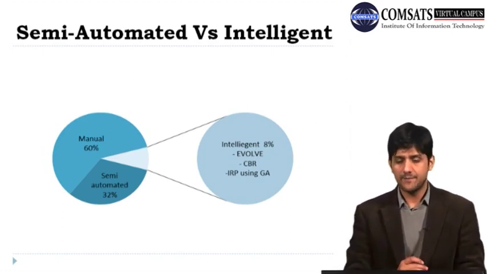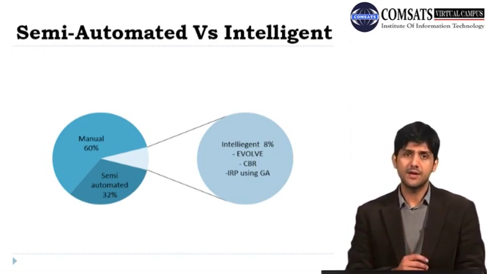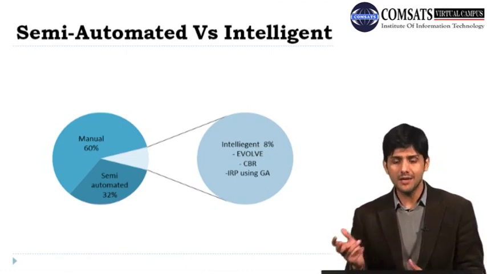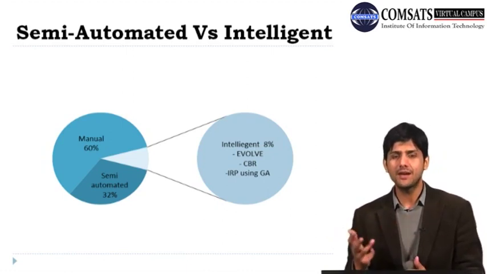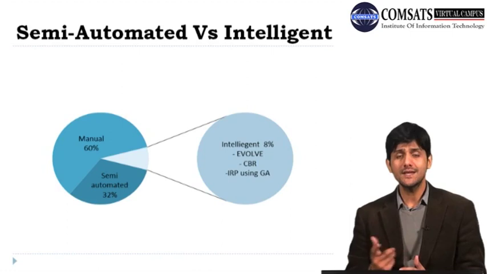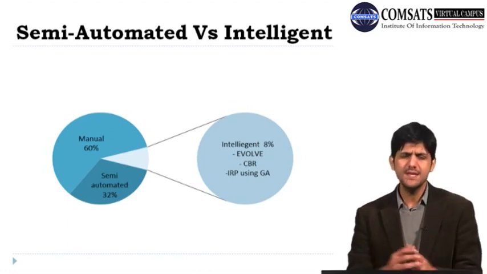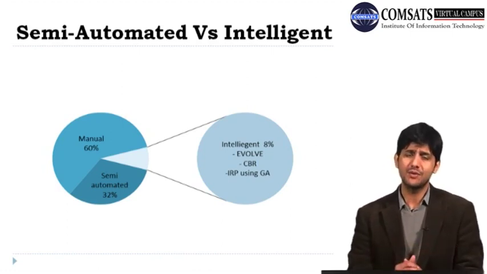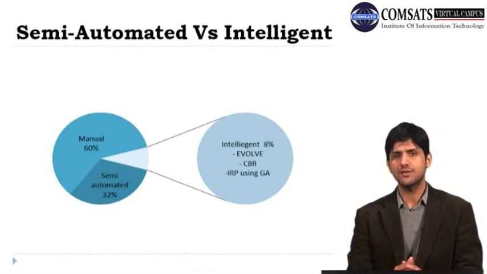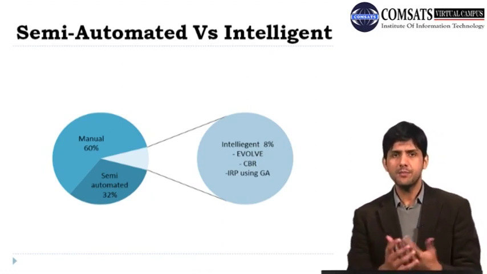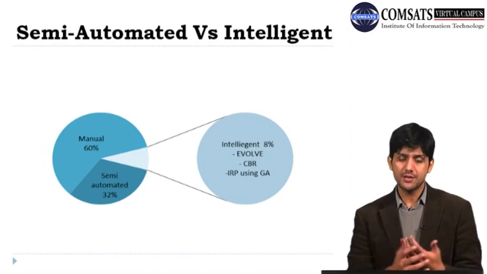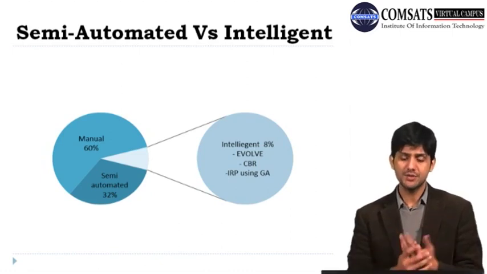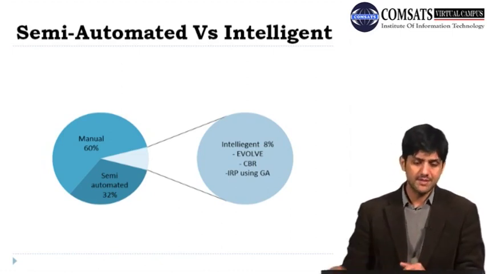For example, CBRank, or the case-based ranking method, is one method which uses machine learning. Then we have other techniques which use genetic algorithms. We are going to look specifically at the CBRank method because it's one of the recently published pieces of research on requirement prioritization, and it uses machine learning to prioritize requirements.